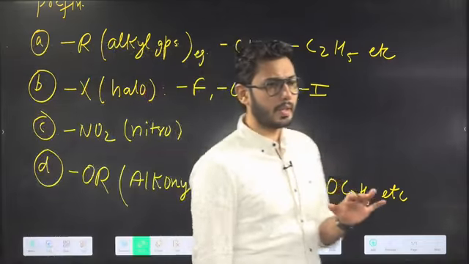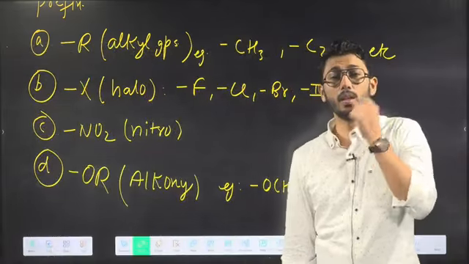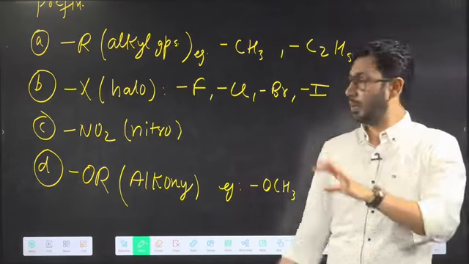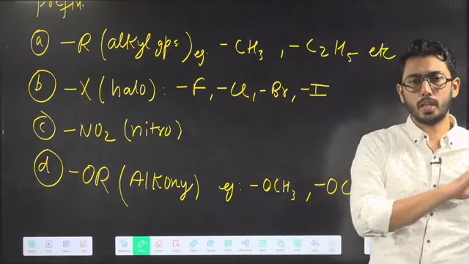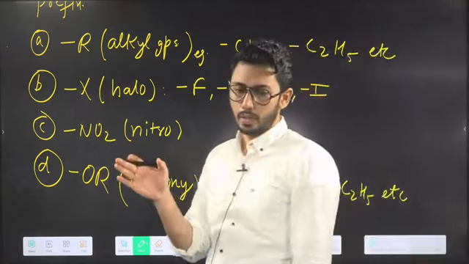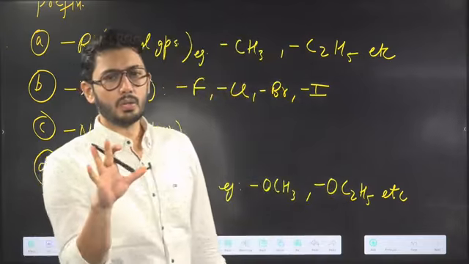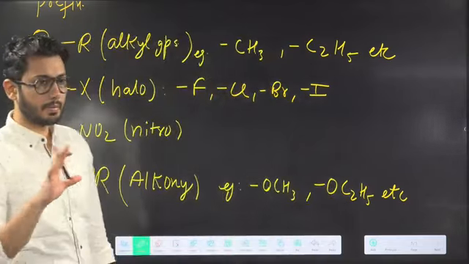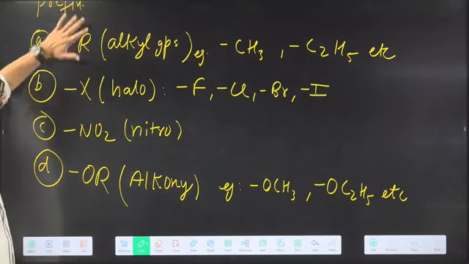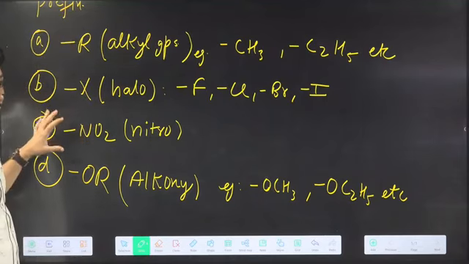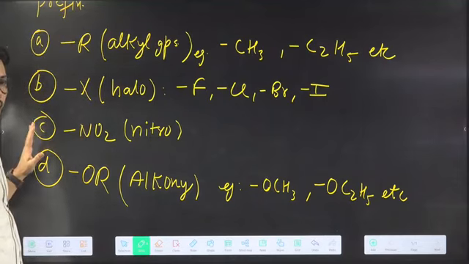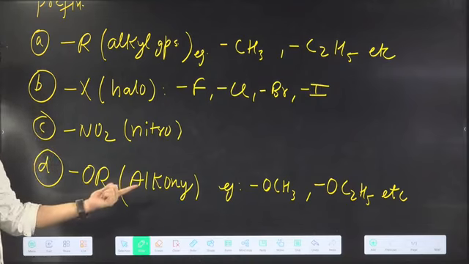When you read materials or books, you will get more substituents, but they are not mentioned in the NCERT or NCERT exemplar, so they are not relevant to the syllabus. Most relevant are these four: alkyl group, halogens or halo groups, nitro, and ethers, which is OR, the alkoxy group.